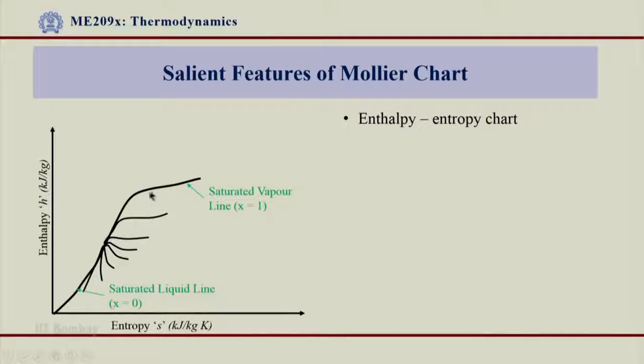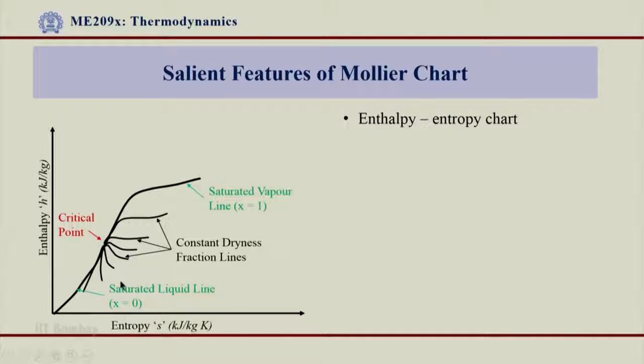All these other lines will be other values of x. But when I say this is the saturated liquid line and saturated vapor line, they should meet each other at the critical point. So, this is the critical point, all right.